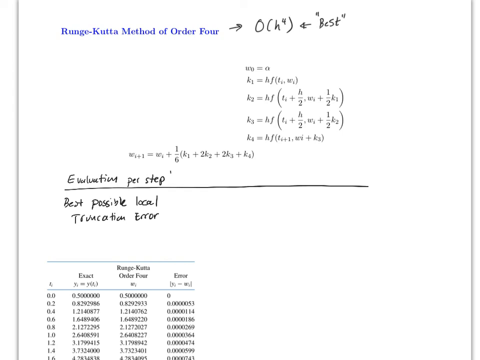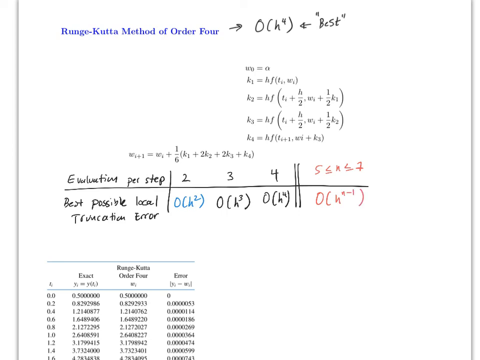So if the evaluations per step is 2, the best possible truncation error will be h squared. If this is 3, this should be O(h^3). And if this is 4, this is why we're going to stop here, this should be O(h^4). However, if it is between 5 and 7, it will be O(h^(n-1)).